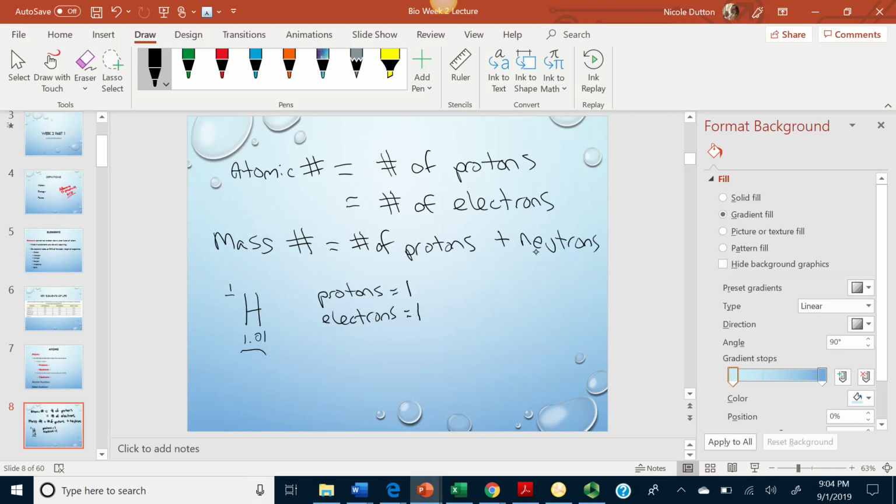Now, how many neutrons? Well, our mass number is the number of protons plus neutrons.